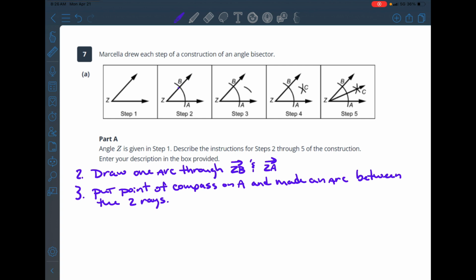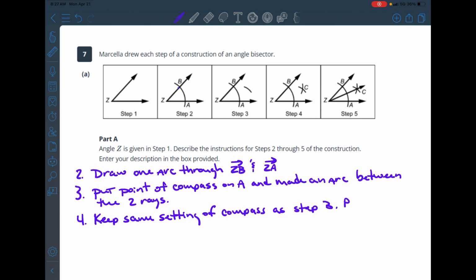Okay, so step 4, because they intersect, that new little arc where C is intersects, we keep our same setting on our compass. So we would say keep same setting of compass as step 3. So we don't want to move our compass.